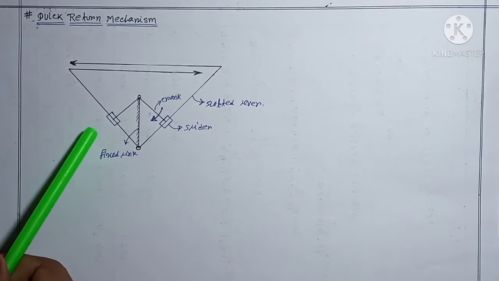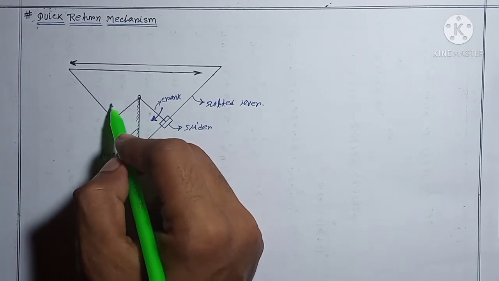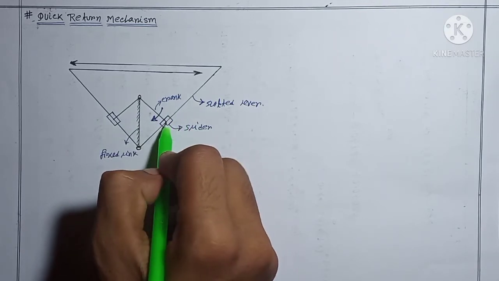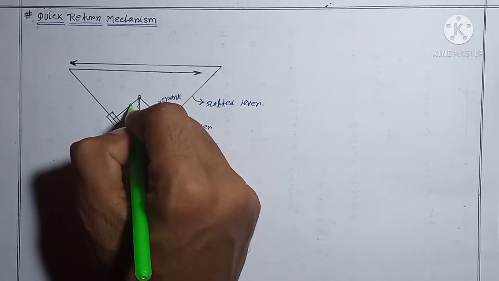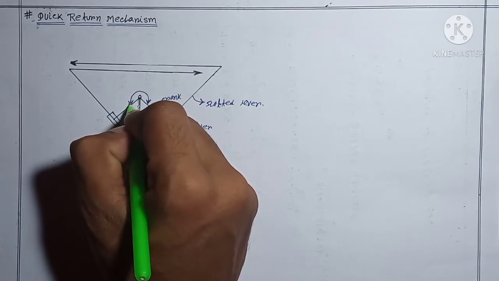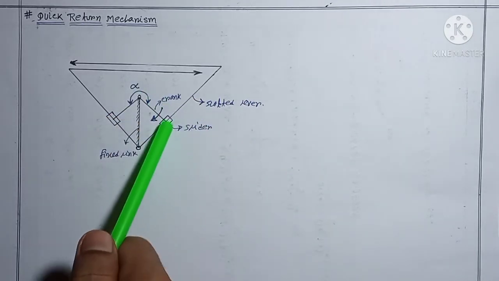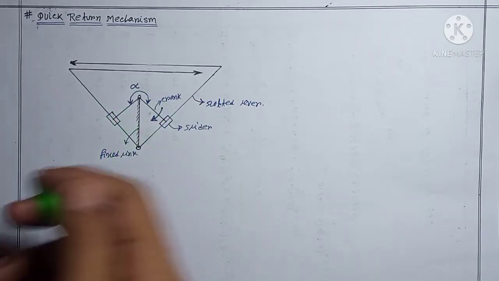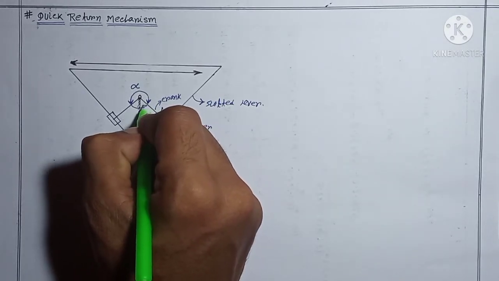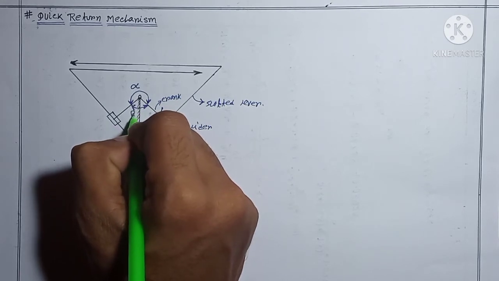Initially the slider is in this position, then it rotates from here to here and comes to this position, and during this movement let's assume it covers an angle alpha. Again from here to here it comes back to its initial position and covers an angle, let's assume this angle as beta.